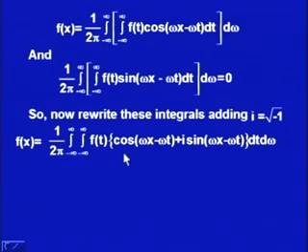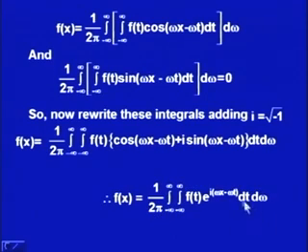Now, if you do remember our complex exponential function, this can be given as e to the power i omega x minus omega t. So, f x would be 1 upon 2 pi minus infinity to plus infinity f t e to the power i times omega x minus omega t dt d omega.